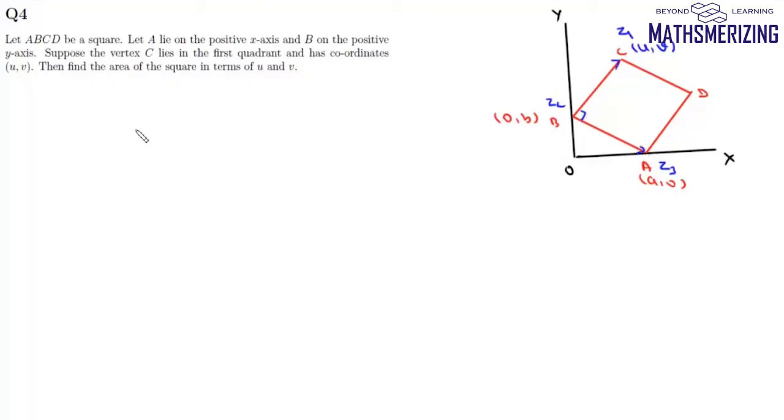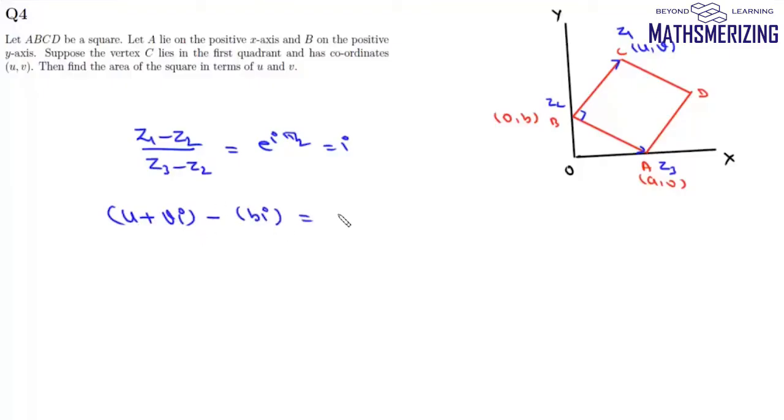So we can write (Z1 - Z2)/(Z3 - Z2) equal to e^(iπ/2), which is simply i. Now Z1 is u + vi, and then minus Z2, which is bi, and it'll be equal to Z3 minus Z2. Z3 minus Z2 will be (a - bi) into i.